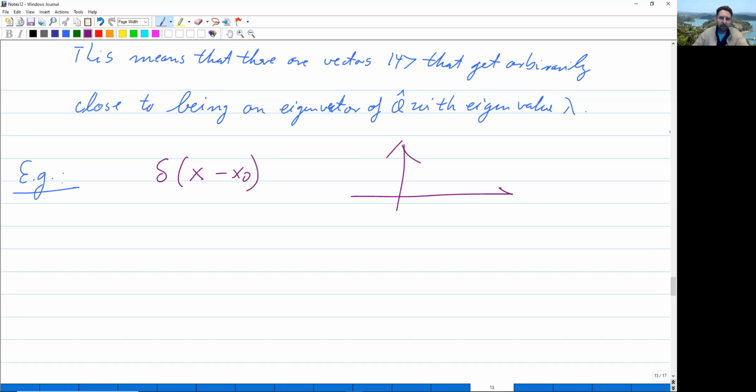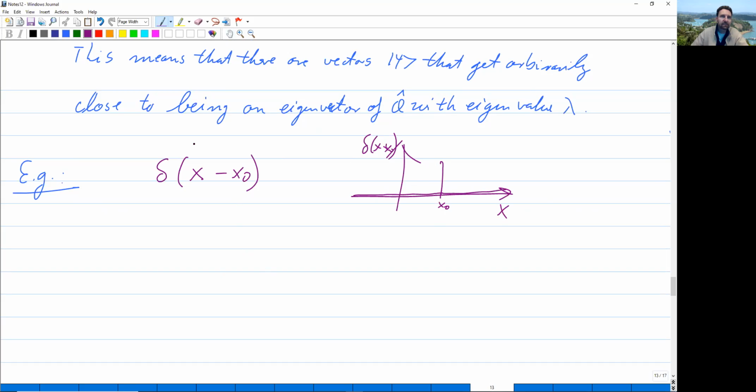It looks like, x, and then you have delta of x minus x naught. If this is x naught, then this is a function that's 0 everywhere, except here it spikes, right? Not quite like that. It spikes anyway. And this is sometimes in first courses of quantum mechanics introduced as a position eigenvector wave function.